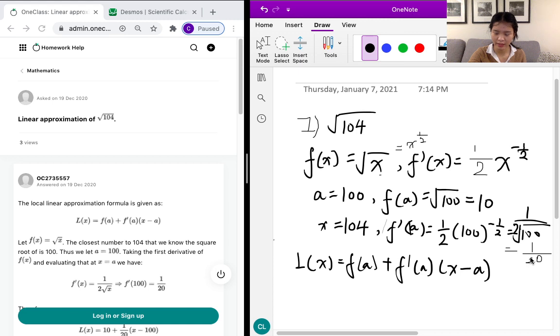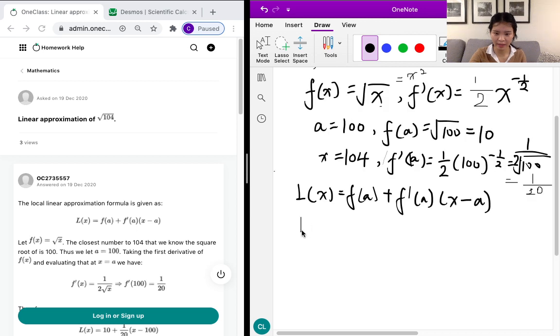Okay, so that's our f prime of a. Now, we have all the information we need, so we just need to plug in the numbers into the equation.